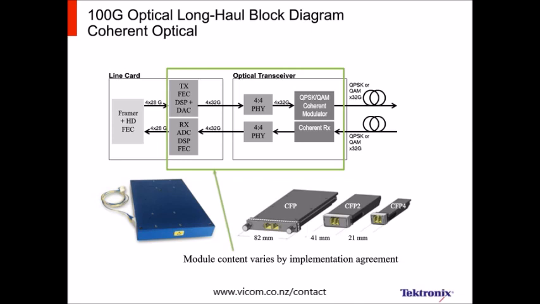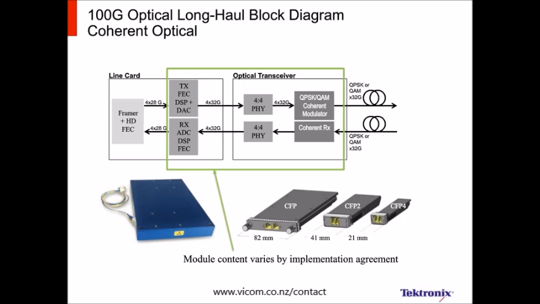But now with the CFP2 ACO project at OIF, the dividing line moves to in between here, so that the really expensive, important ASIC that does the processing on both the transmit and the receive side can be pushed out of the module, thereby reducing its power dissipation and making things more flexible for implementation. So there's still an argument, okay, what's better, putting the ASIC inside the module or outside the module, but there's no questioning the fact that it certainly makes this module smaller and consume less power if you push the ASIC outside of the module.